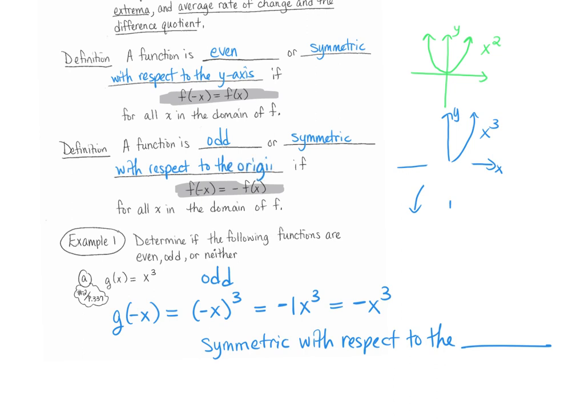Okay, so let's make sure we're clear. A function is odd or symmetric with respect to the origin if f of negative x is equal to negative times f of x.